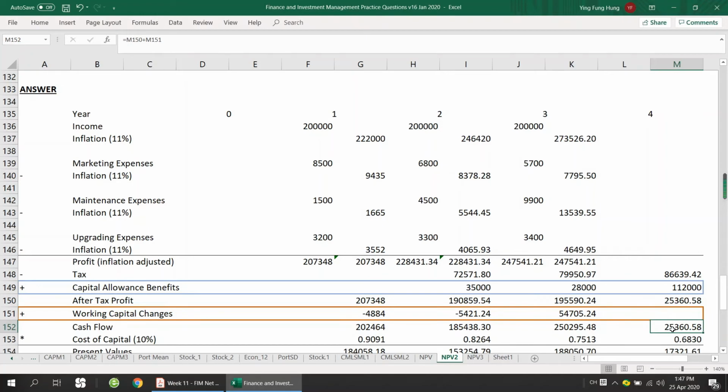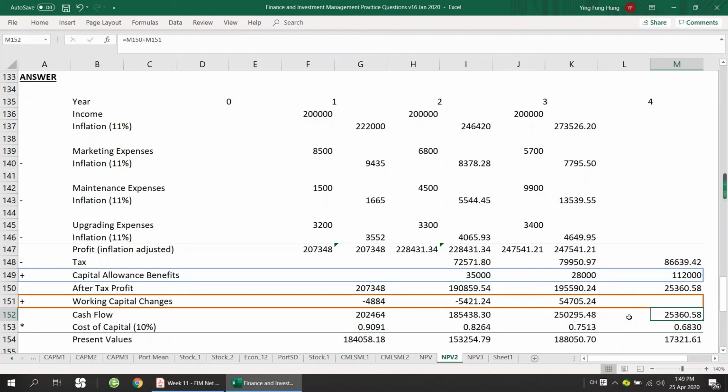So the cash flow for that year will be after-tax profit of 25.36058 thousand plus 0, which gives us a positive cash flow in year 4 of 25.36058 thousand.